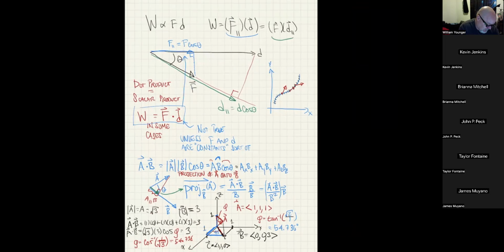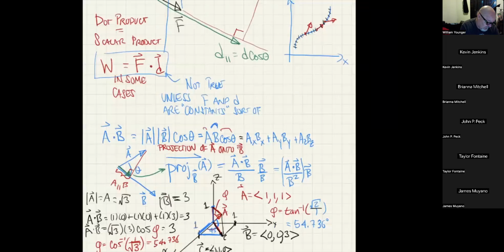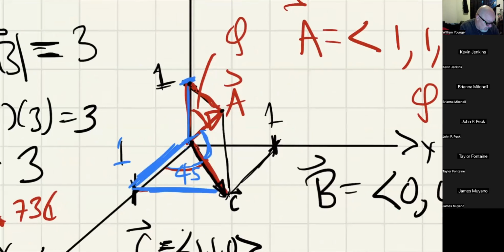Yes, that would be between here and here, but I want to know the angle between here and here. We just found this angle, the phi was 54.375. That's what that top angle phi is. So I'm asking now, what's this angle? That one's not 45. The one in the XY plane is 45 though.